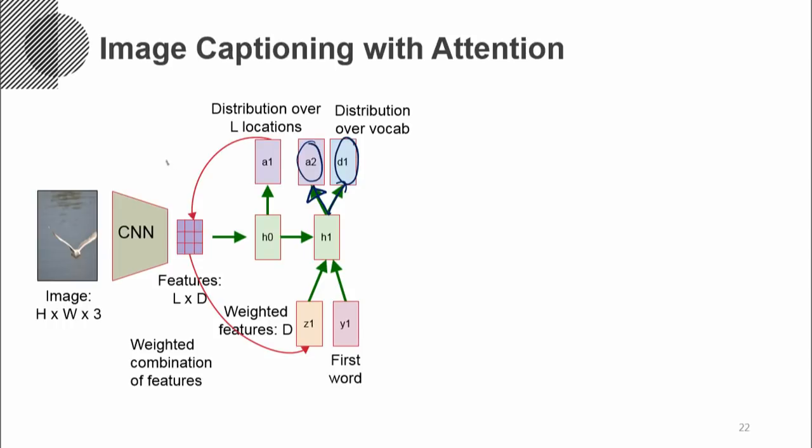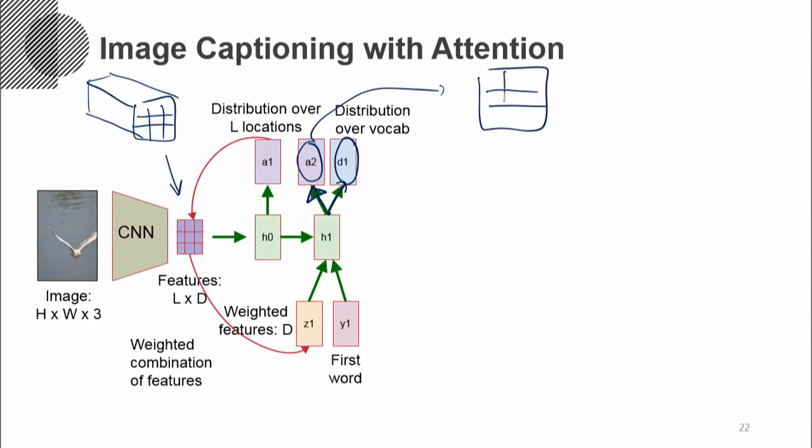Again, if we had 3 by 3 regions of this feature map, this will also have the same size of 3 by 3 distribution matrix, and it will generate a different distribution from this one, and the high weight will be placed, for example, on the region that should be focused on more to generate the next word.